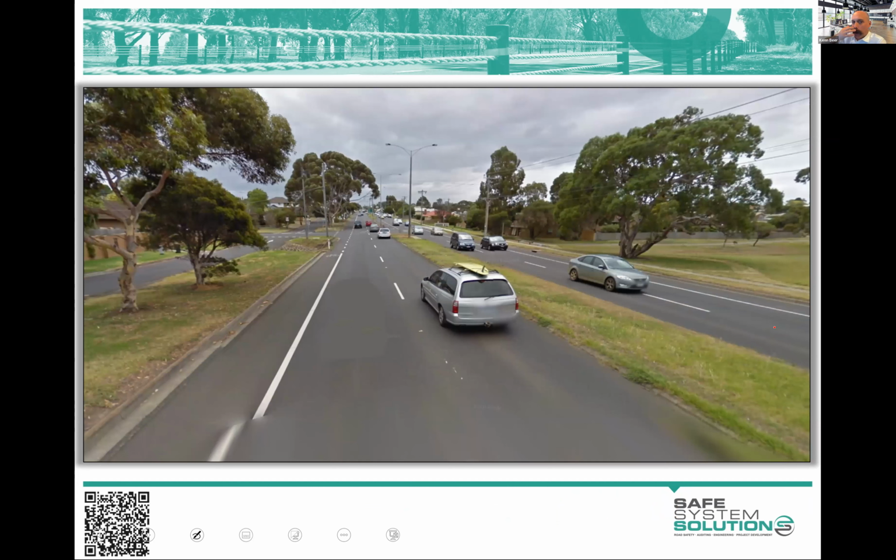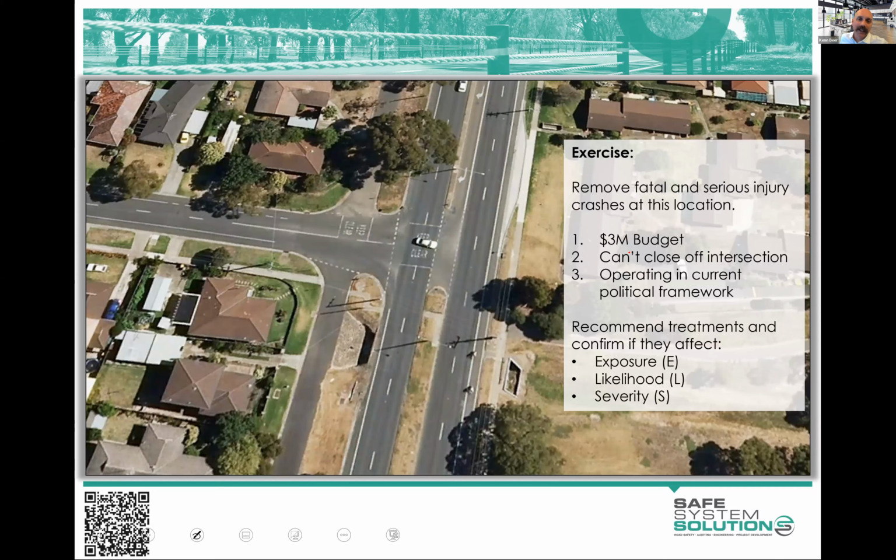Let's have a look from the other direction. See that shared path over here, and the drainage structure there. So that's what we've got. And your task is to alter this intersection to remove fatal and serious injury crashes at this location going forward.